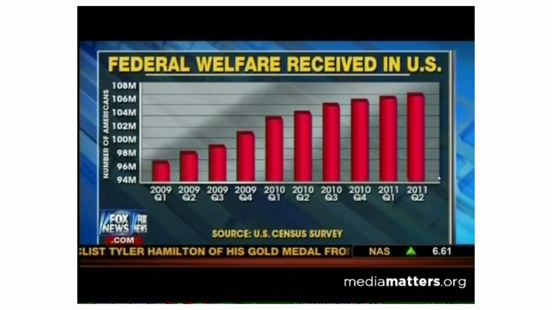All right, go ahead and describe why this graph here is misleading. Okay, so as you look down here, it says 2009 Q1, 2009 Q2, 2009 Q3, and pretty much all 4 of these bar graphs here represent the year of 2009.